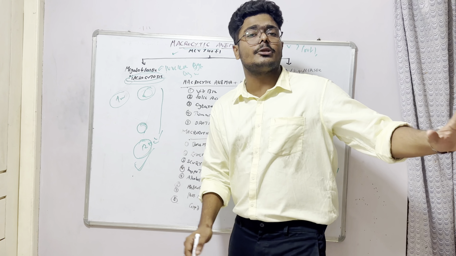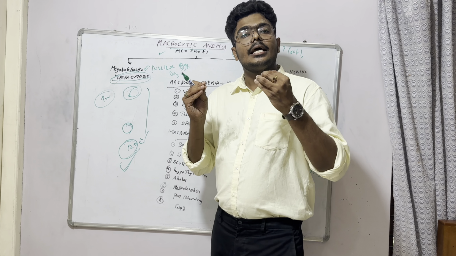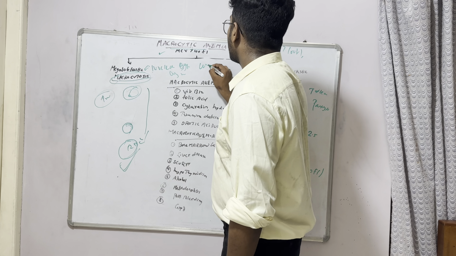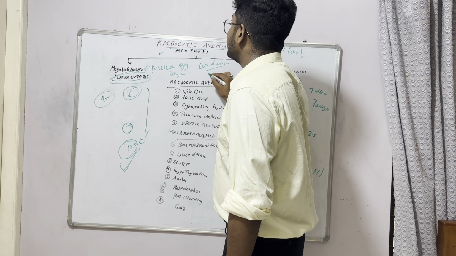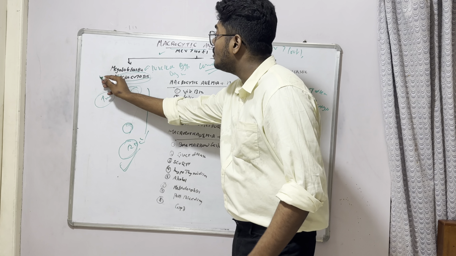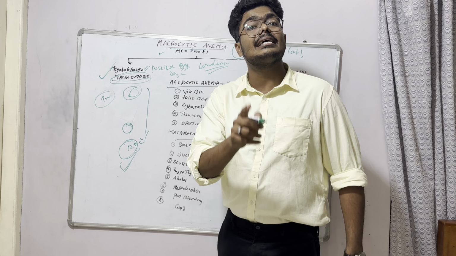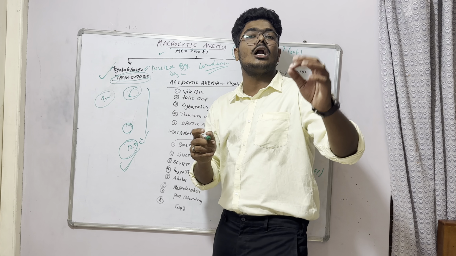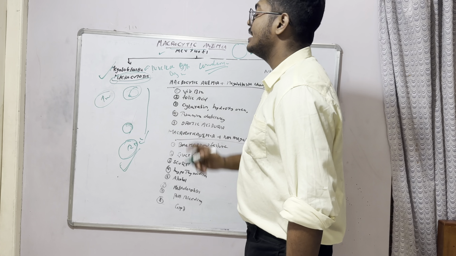In the RBC, there is no mitosis present. So here, what actually happens is condensation of chromatin is lagging behind, or it is not happening, and that is what is called megaloblastic macrocytosis.